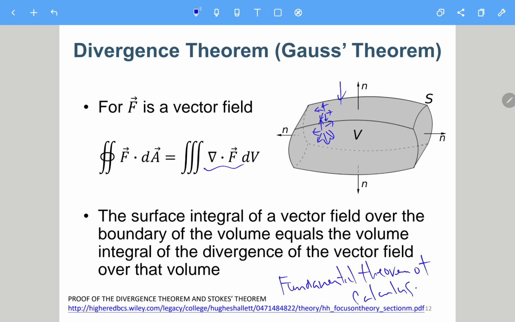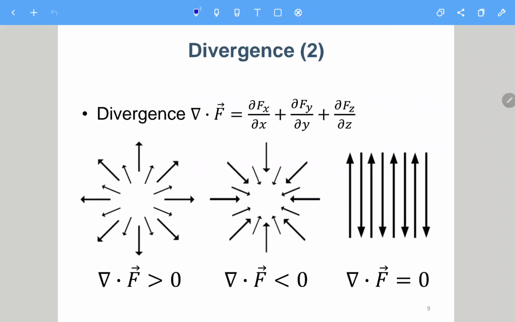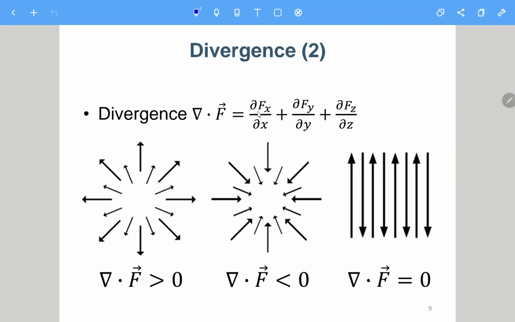And here, we have a double integral, and this is a triple integral, and actually the divergence is something like a derivative. You can see the divergence here. We have something like the derivative here.